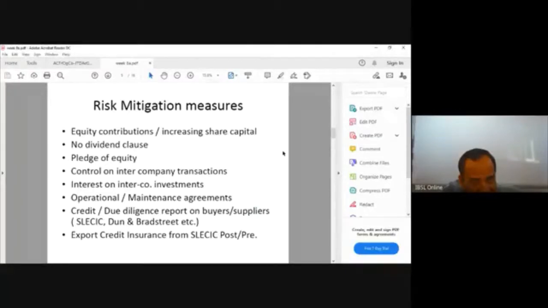Now you look at that total portfolio and then you tell the customer, okay, we will lend up to 60% of the current market value. If the current market value falls, of course, you may have to give more shares to secure that. So we will not go above 60% of the market value in our lending.